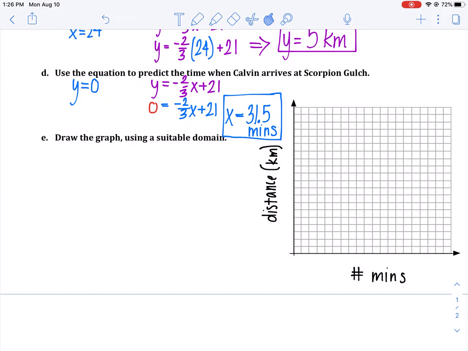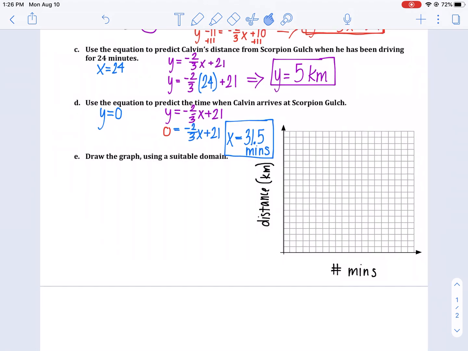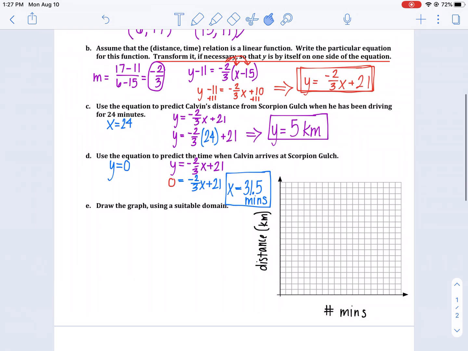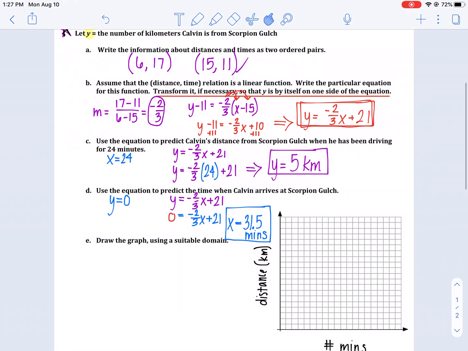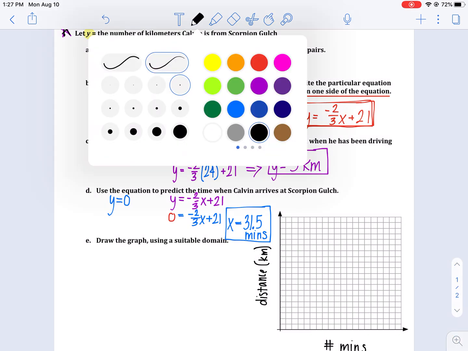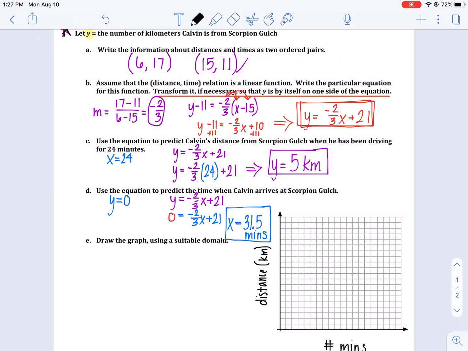And I know it's going to be linear, so I know it's going to be a line. I know that the slope is negative, so I know it's going to be a negative line. But what else do I do? Well, what you're going to do is take all your points you created. In parts A through D, you actually created 4 different points. Let's put all those points together. You have your initial 6,17.